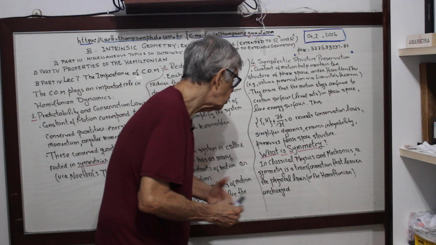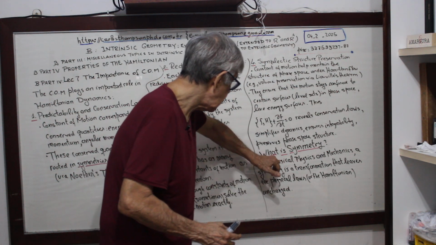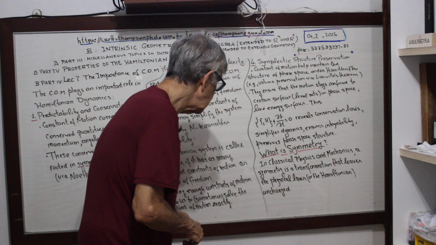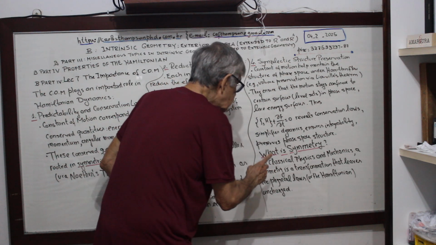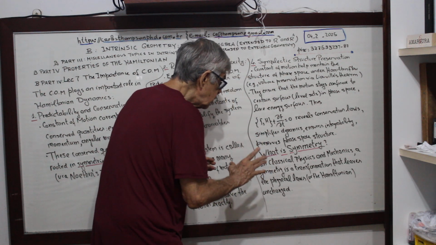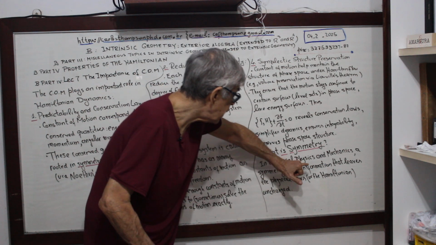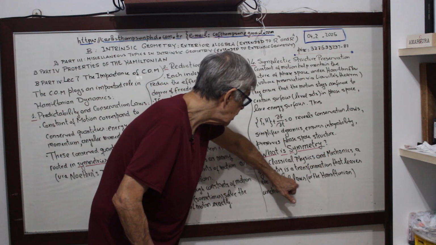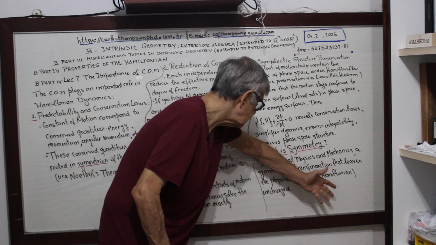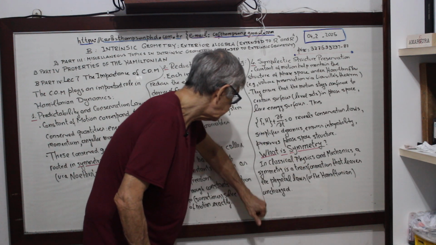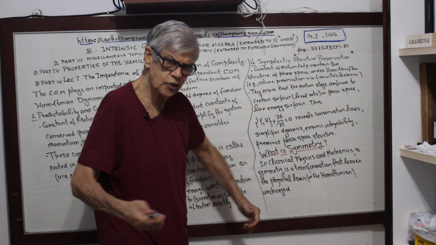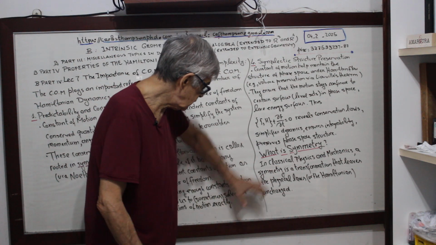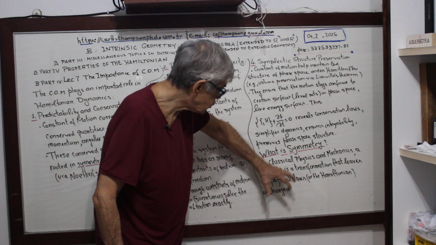You see, not only classical mechanics and physics. So, a symmetry, attention now, that's a definition, is a transformation that leaves the physical laws of the Hamiltonian unchanged. You see, that's the definition.